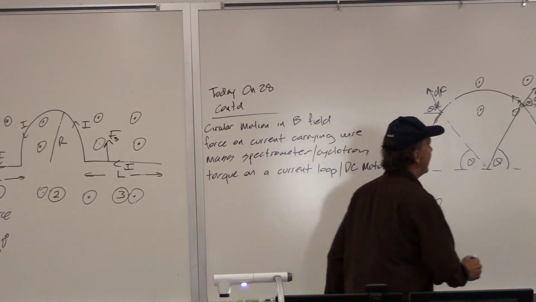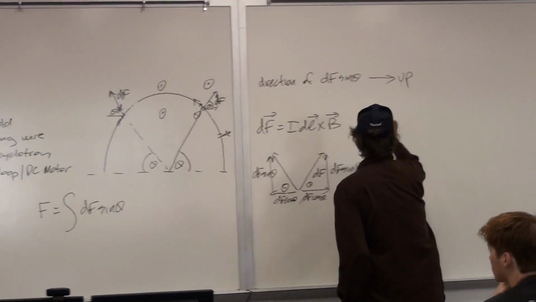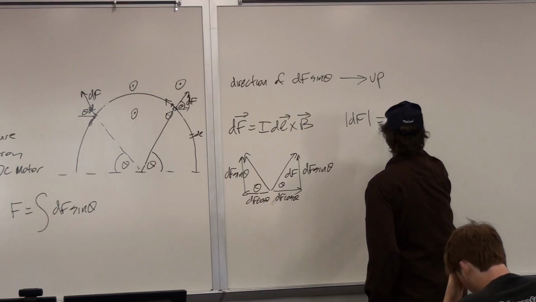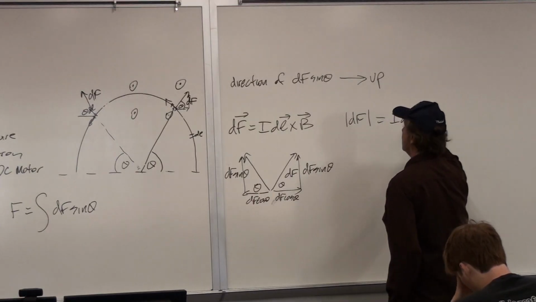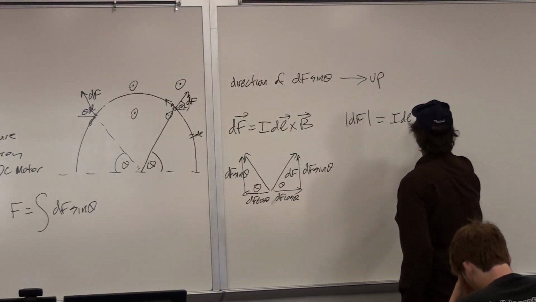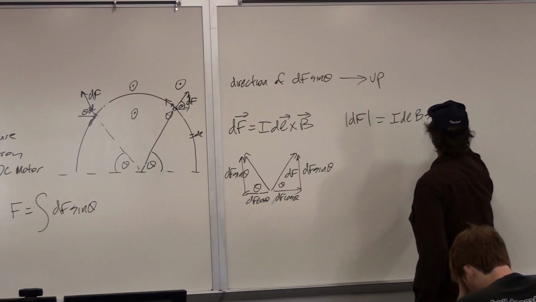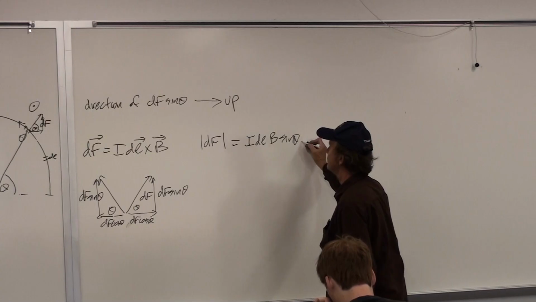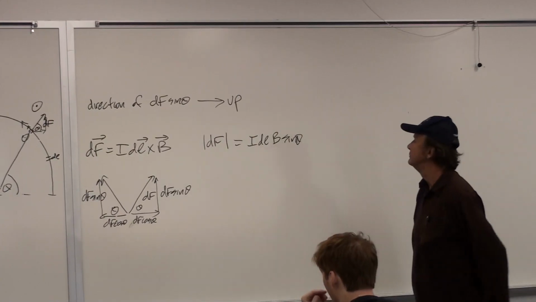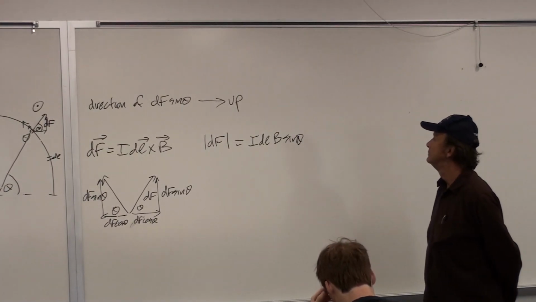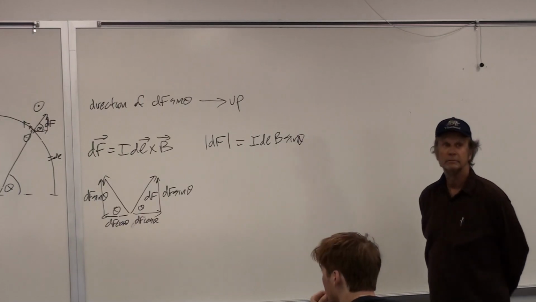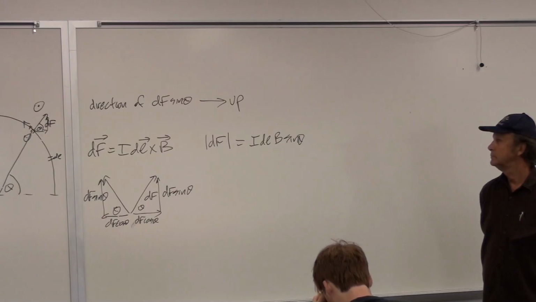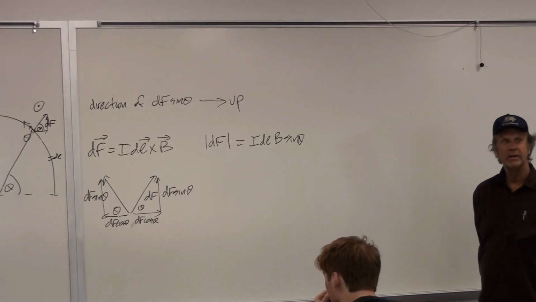Okay, so what's my magnitude of dF? The magnitude of dF is equal to the magnitude of I times the magnitude of dL times B times the sine of theta. Okay, so what's theta? Isn't it 90 degrees?